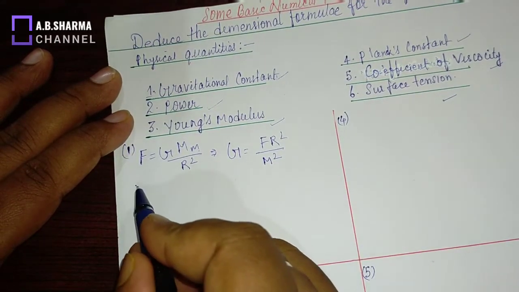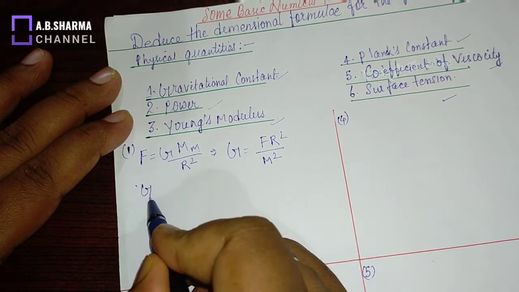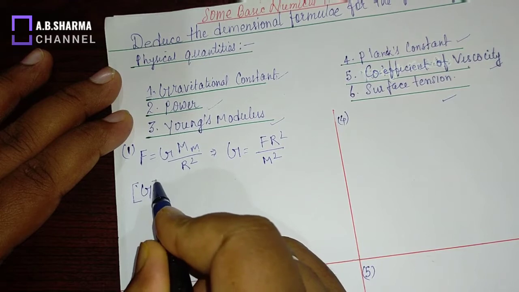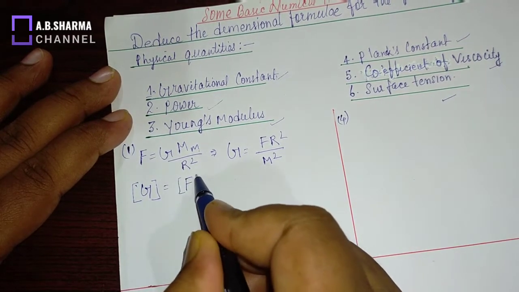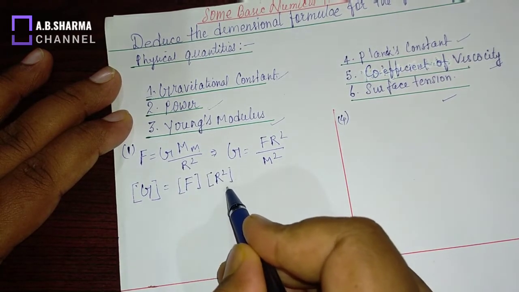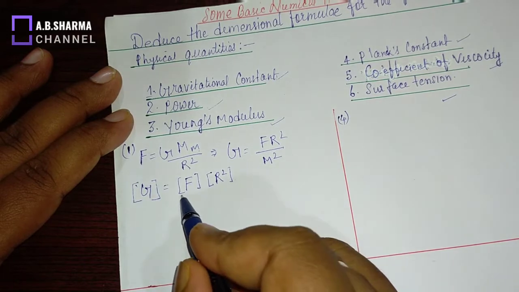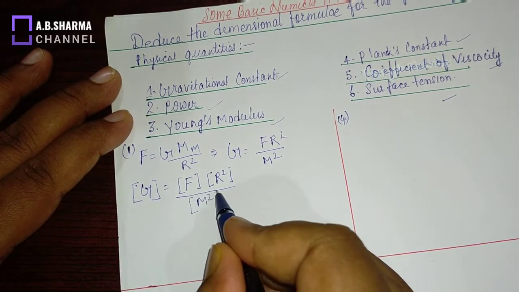So if you want to find the dimension of gravitational constant, write [G] equals dimension of force multiplied by dimension of r, that is radius, squared, and divided by dimension of mass squared.